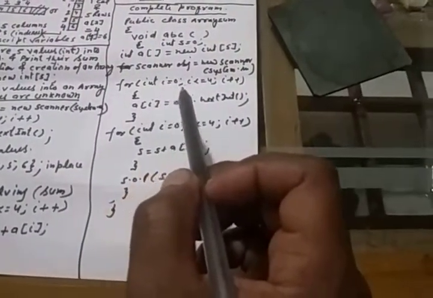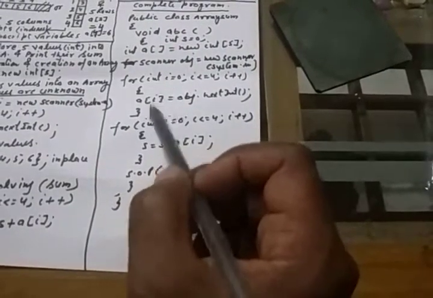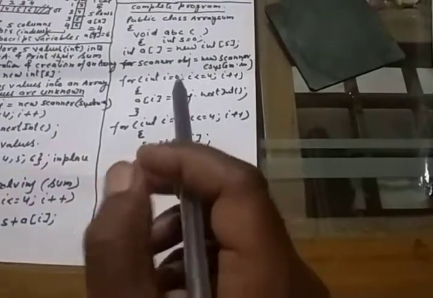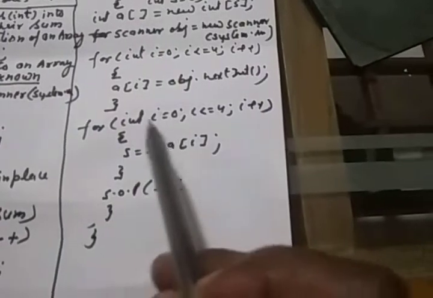For int i = 0, this is storing. This loop is going to store here, and this loop is going to access the values one by one and add them. s = s + a[i], and when this complete loop is executed, after exiting from the loop, the sum will be printed.